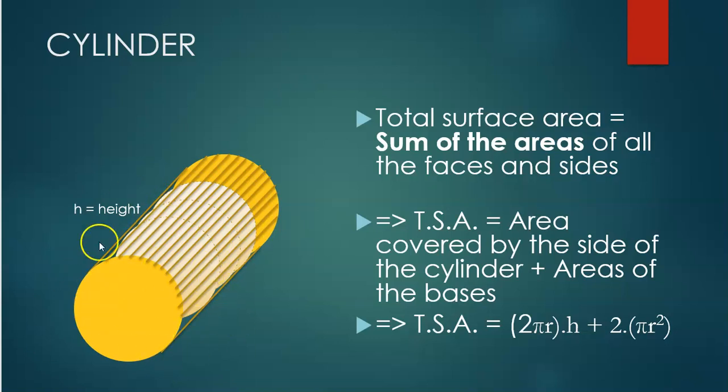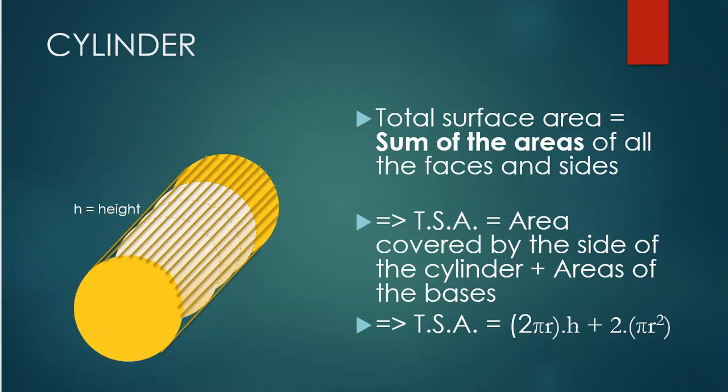So think of it as rings of a circle multiplied by the height. So if you think of it that way, you get the total surface area to be the area covered by the bases, which is nothing but pi r square, the area of the circle, times 2, and then the circumference of each circle multiplied by the height.